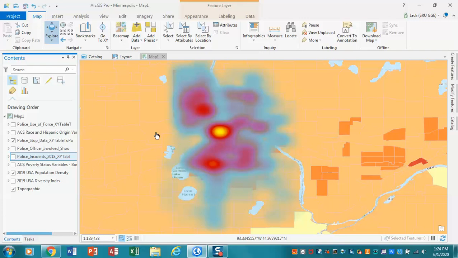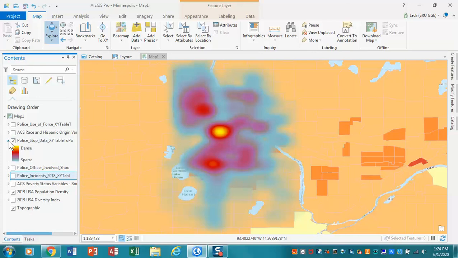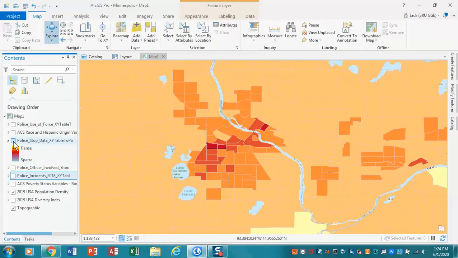When we have a whole lot of data, we sometimes take away the actual locations, and we say that it is either sparse or dense. And so police stops, and you can see this pattern through here, make sense based on where the population density is highest. You're going to have more stops where there are more people.